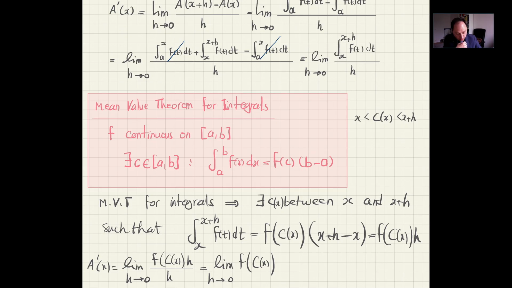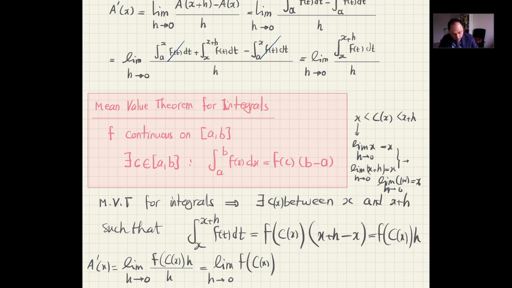But if I calculate the limit, the limit of x when h goes to 0 is just x, it's a constant. The limit of x plus h when h goes to 0 becomes x. So by the squeezing theorem, this gives me that the limit of c of x when h goes to 0 becomes x.